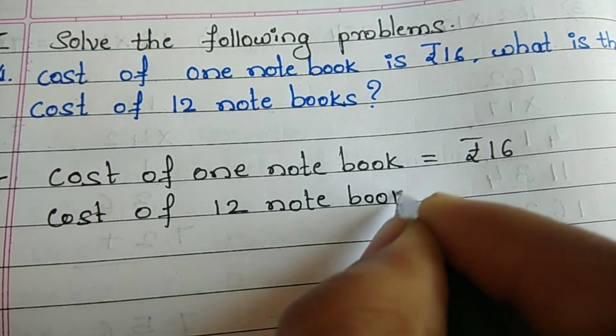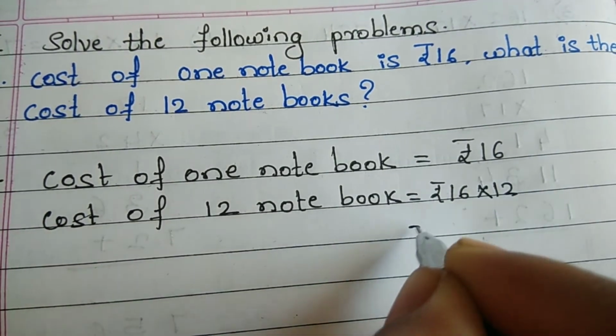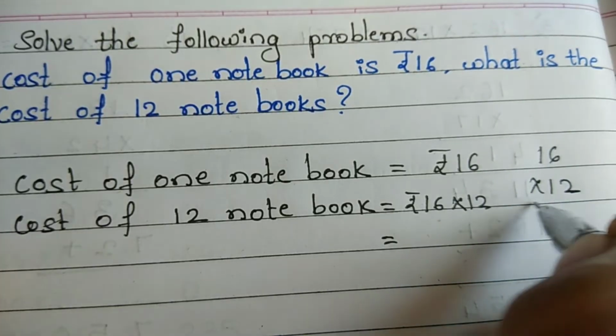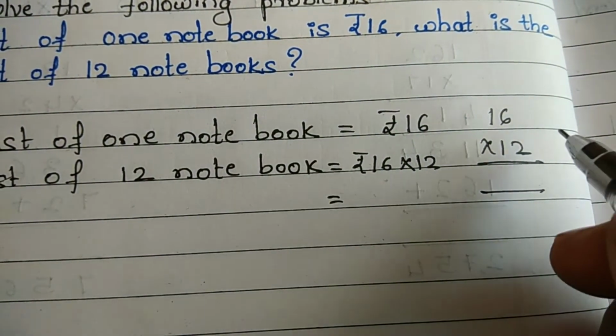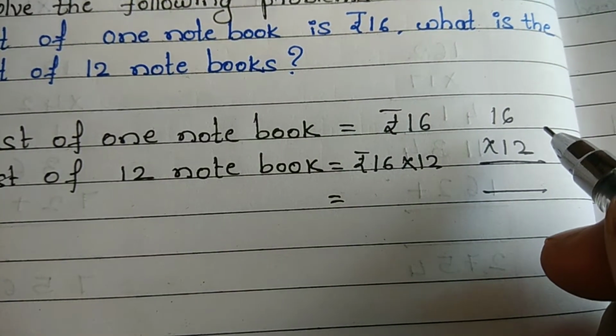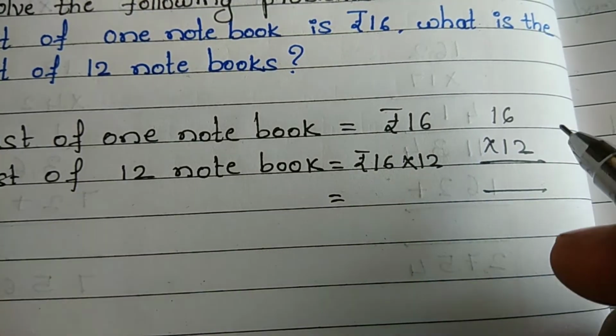We don't know this one. Okay. 16 into 12. What is that answer? Here. 16 into 12. 12 if the directly we can make, but don't want. Sometimes a few children are not knowing the 12th table. This is necessary. First to 5th standard students means up to 20. You can by heart and keep the tables.